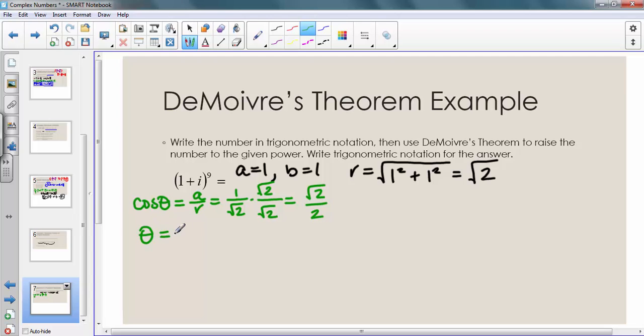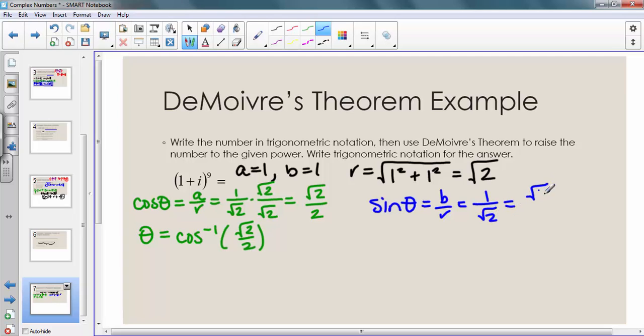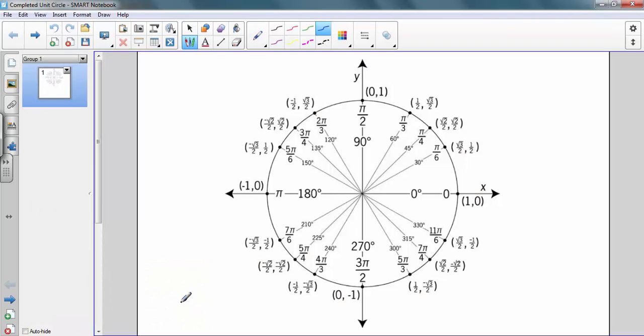So my angle theta needs to equal the cosine inverse of root 2 over 2. Then I have sine theta equals b over r. b is 1, r is root 2. So again, that's going to give me root 2 over 2. So theta also has to equal the sine inverse of root 2 over 2. Going to my unit circle, I need a sine of root 2 over 2 and a cosine of root 2 over 2.